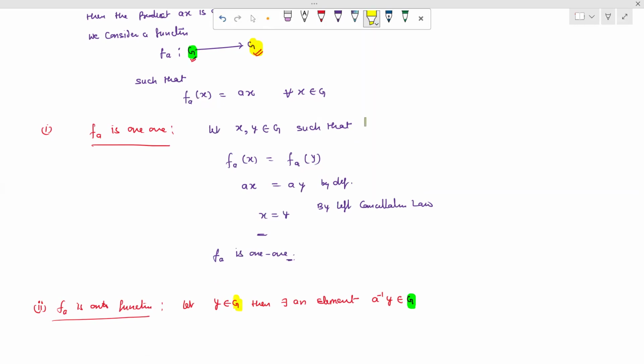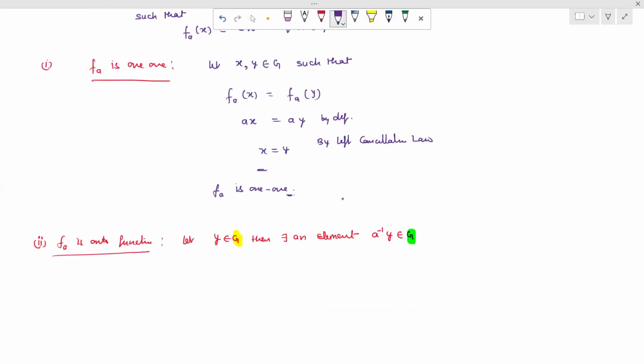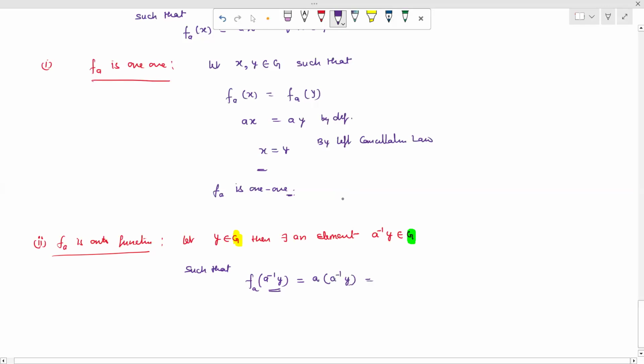Now we write f_a of a inverse y. This can be written as a into x, where we replace x by a inverse y. So this can be written as a into a inverse y, which is equal to y.